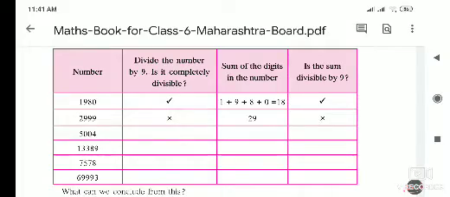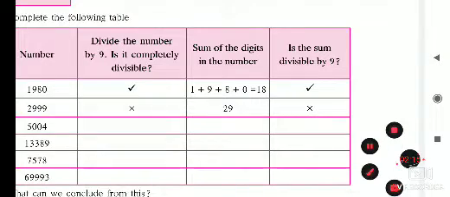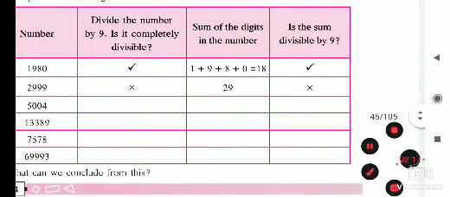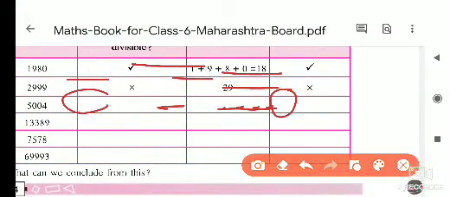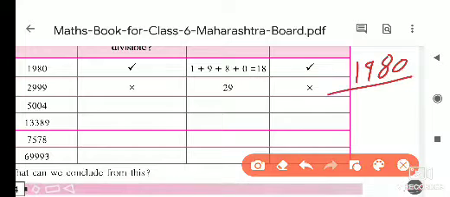The first number given is 1980. We have to divide it by 9.